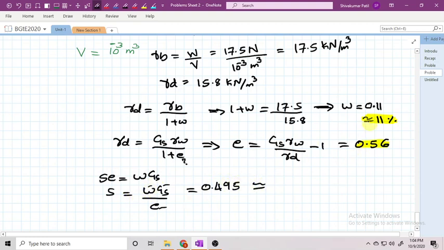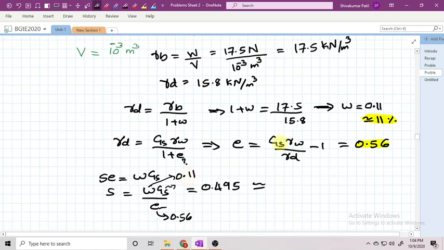Okay, so what is the water content? 0.11. Okay, so void ratio 0.56, your water content 0.11, and your specific gravity, how much?